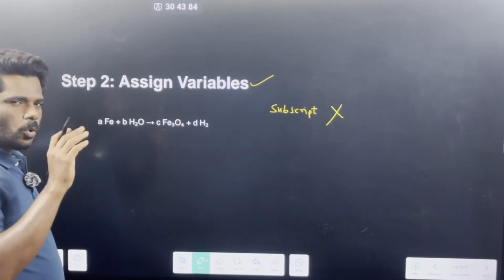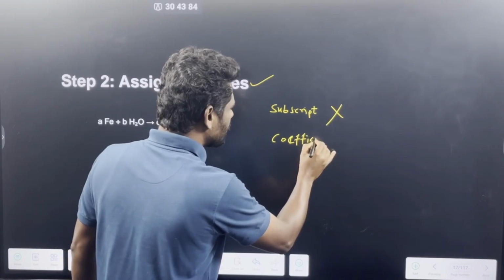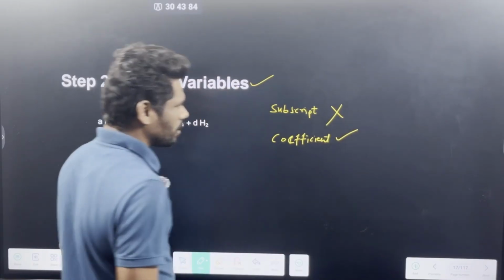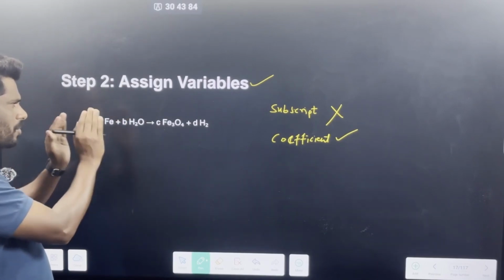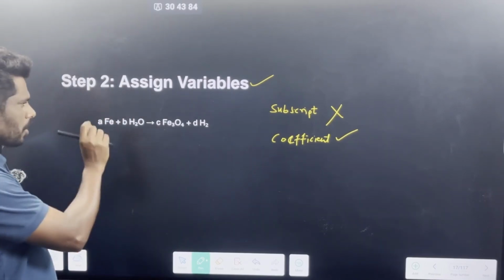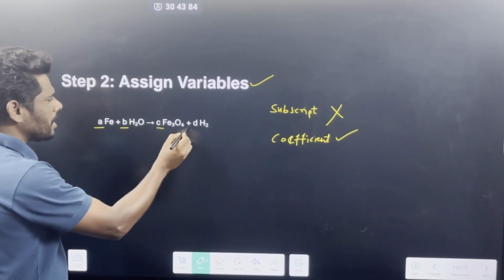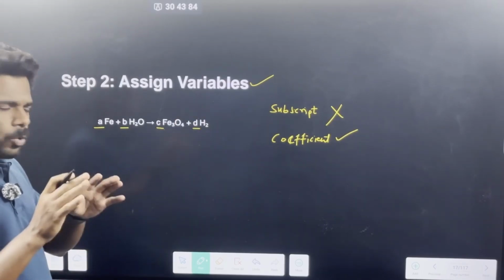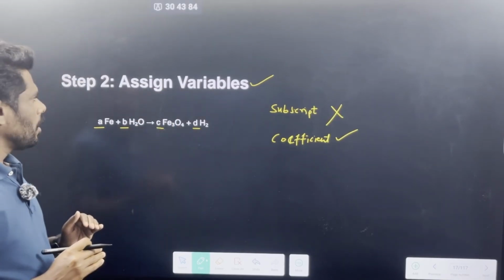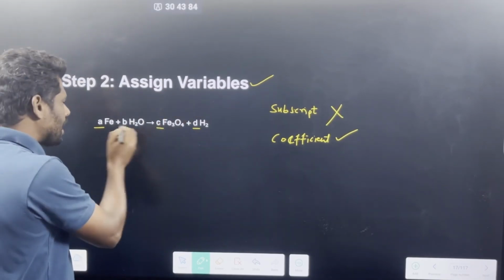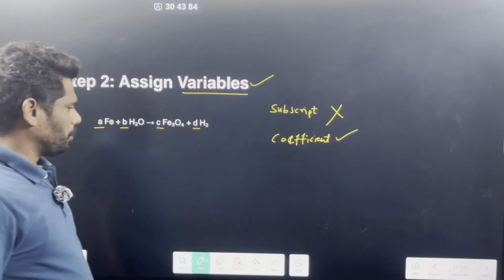We can change only the coefficient. Since we don't know exactly what coefficient, what number, is suitable here, let us assume A, B, C, D. These are the coefficients for each reactant and product. These A, B, C, D are the variables now because we don't exactly know their value.